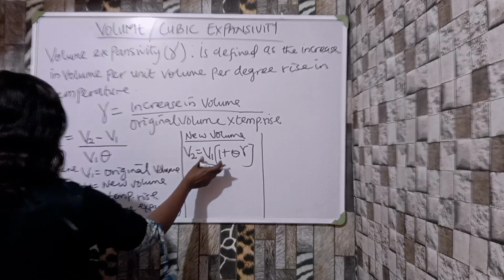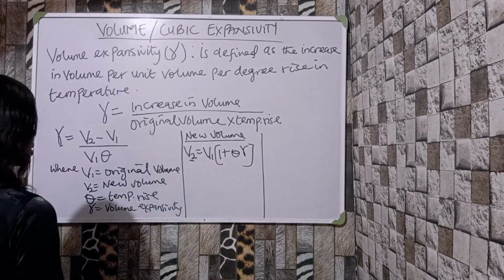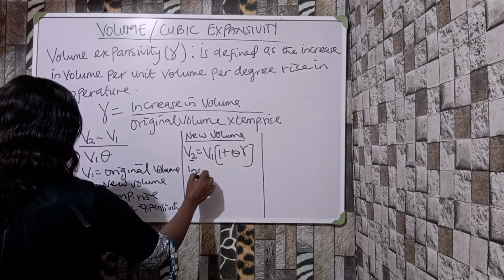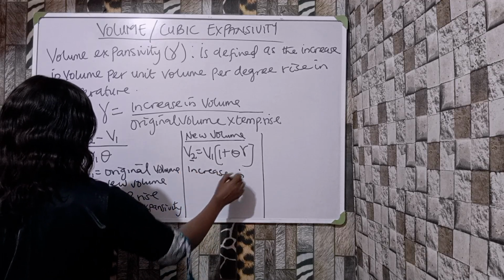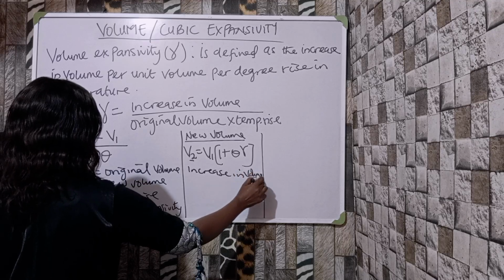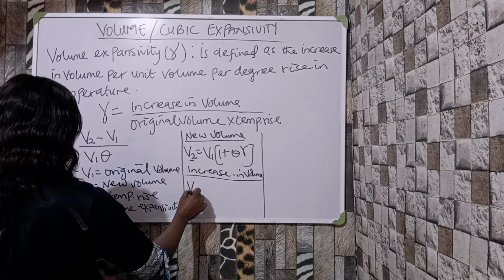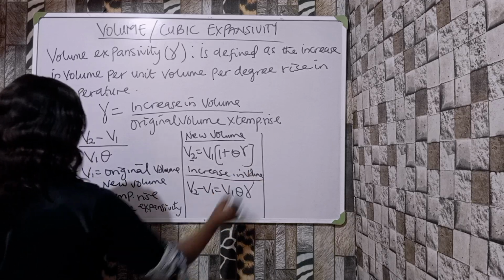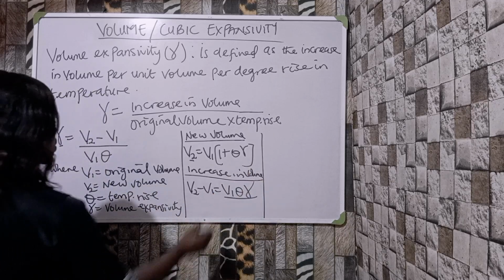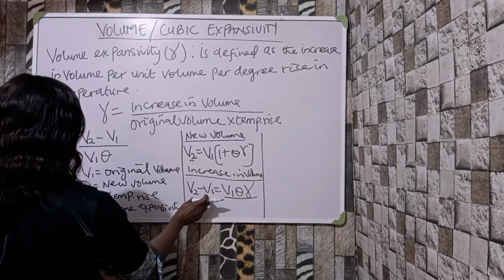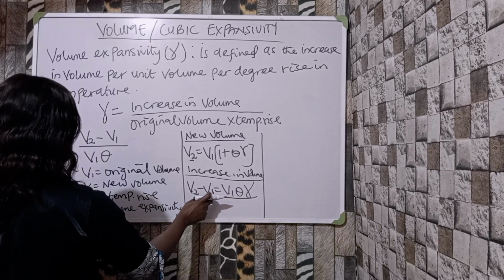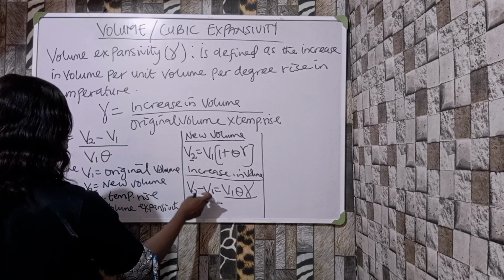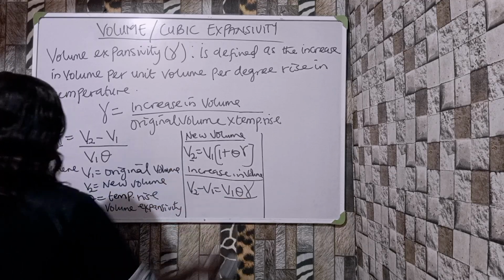Okay, that is for the new volume, that is V2, right? Then if you're asked to find the increase in volume, you're looking for V2 minus V1, which is V1 theta gamma. Okay, all right, just multiply these three, you're going to get the increase or the change in volume. But if you find V2, we can still subtract it from the original volume to get the same answer, but this one is the shortcut.